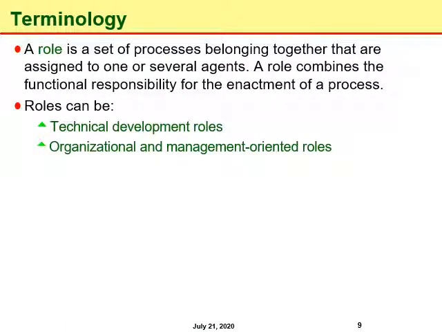Then, what is a role? A role is a set of processes belonging together that are assigned to one or several agents. A role combines the functional responsibility for the enactment of a process. So, examples of technical development roles are a requirements engineer.